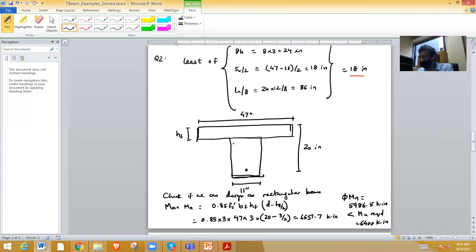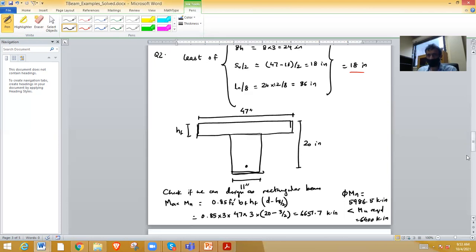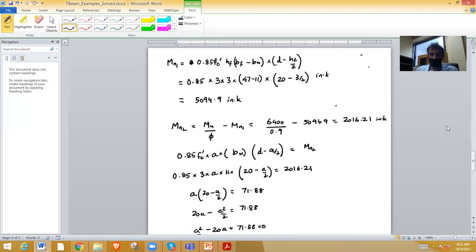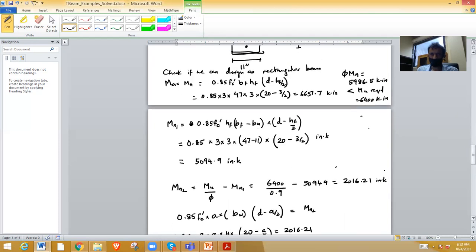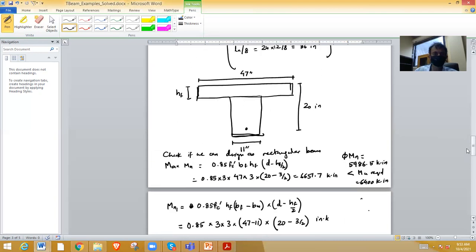So we cannot design it as a rectangular beam. We need to design a T-beam. So we get Mn1. Mn1, as I explained earlier, is only from the overhanging flange part, this block.